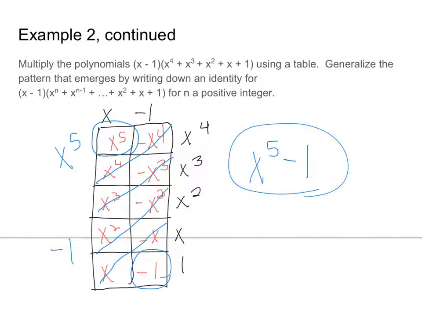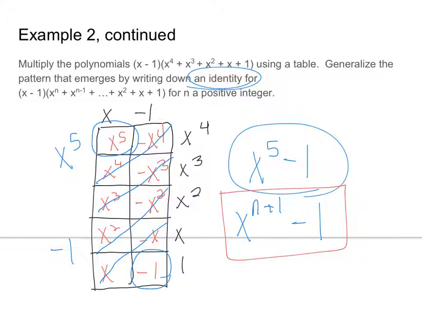So we're looking to generalize the pattern that emerges by writing down an identity. Okay, and our identity is going to have letters in it. Pretty basic. This gives us x to the n plus 1 minus 1. That is the answer we're looking for.